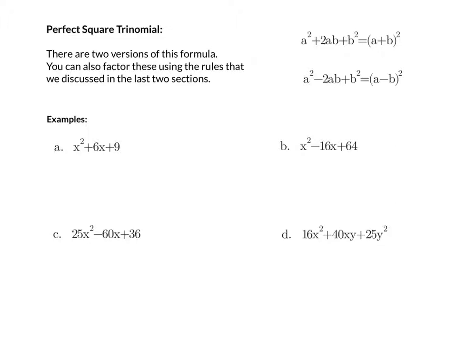One thing to note, you can still use all of the previous techniques that we've looked at. But before you begin, if you notice that your first term is a square and your last term is a square, it doesn't hurt to go ahead and try it as a perfect square trinomial. So let's go ahead and see what we can get with these ones.